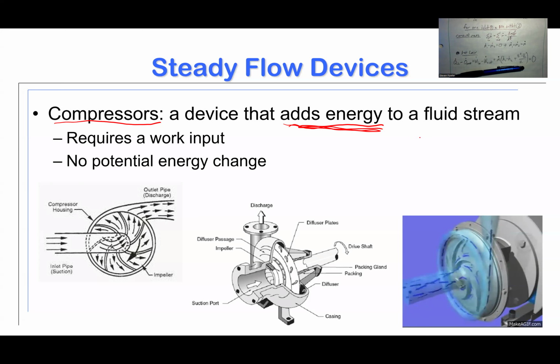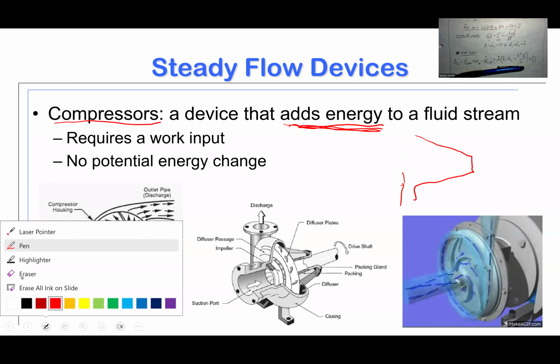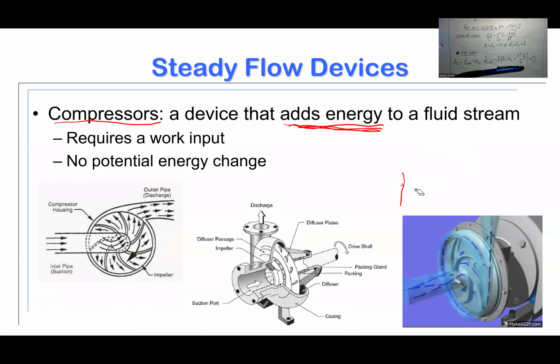I was taught to draw them in almost a turbo configuration, similar to what you see in the GIF image there. Oh, no, you don't want the outlet down there. I apologize. Let's just try that again.